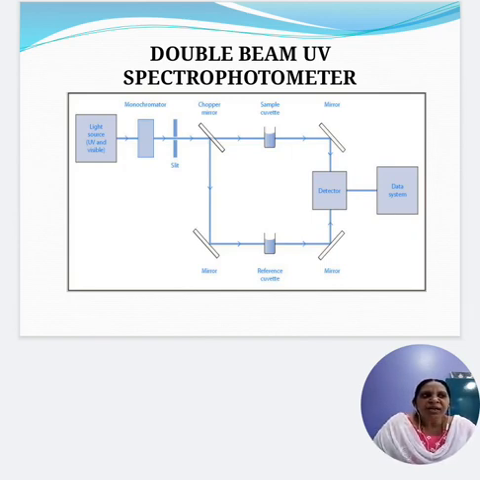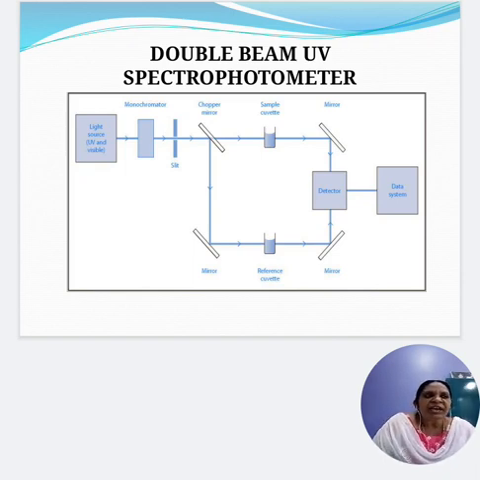The monochromator may be a prism or a grating. The output of the monochromator passes through the entrance slit and then the exit slit, and enters the chopper mirror, where the radiation is divided into two beams. That's why it is said to be double beam.